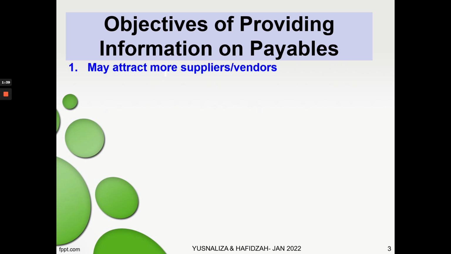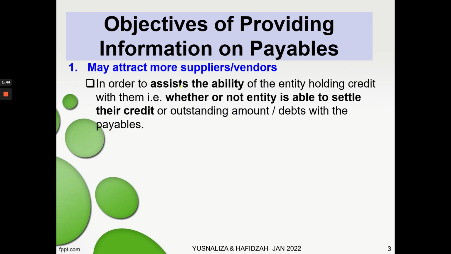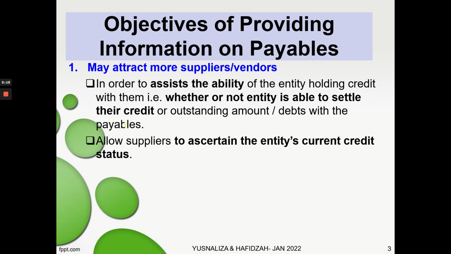So those are going to give rise to trade payable, which is part of payable. So what are the objectives? This one is to attract more suppliers or vendors that will give the company, the reporting entity, credit. So information is important to show the information on trade payable, so that will assist the ability of the reporting entity that has credit with these payables, whether or not they can settle their credit or the amount outstanding within the credit period.